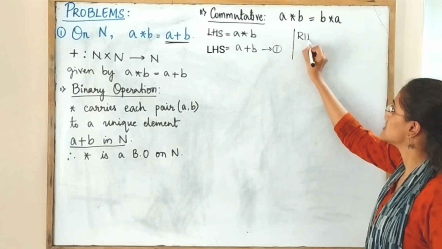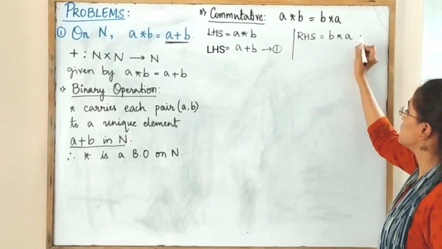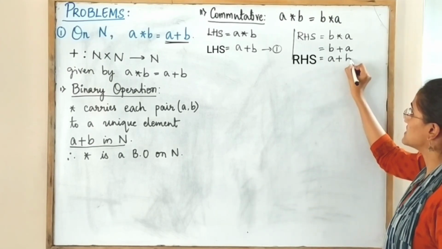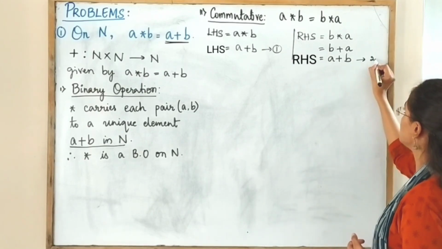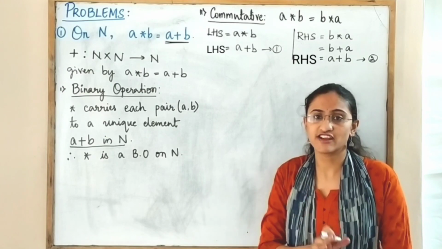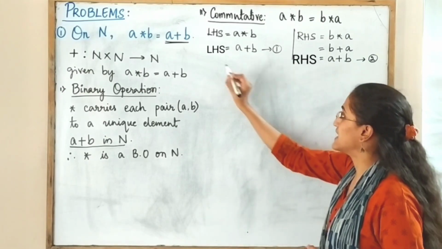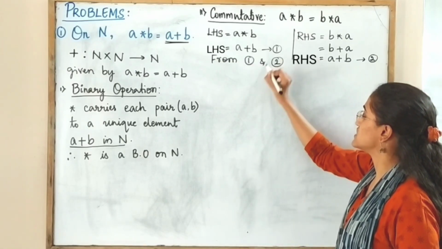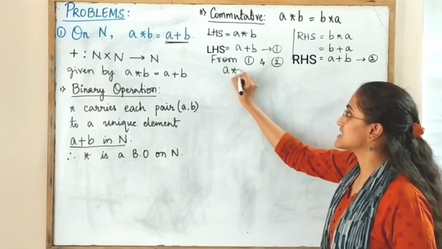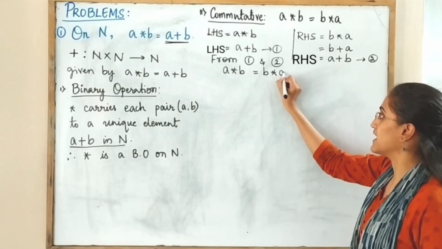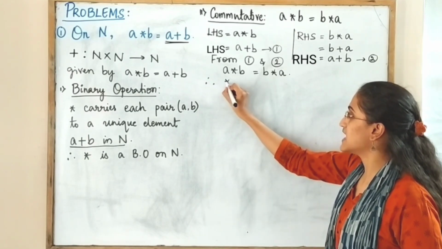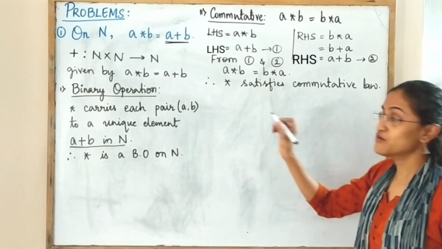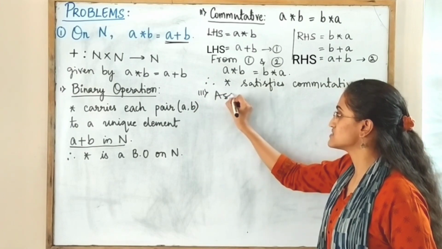Now for the RHS, we have B star A, which can be written as B plus A, which in turn is nothing but A plus B. We already know that if you are adding any two numbers in the reverse way also, we get the same number back, and hence from LHS and RHS, that is equation 1 and equation 2, we have proved that A star B is equal to B star A, and hence we can conclude that star satisfies the commutative law.